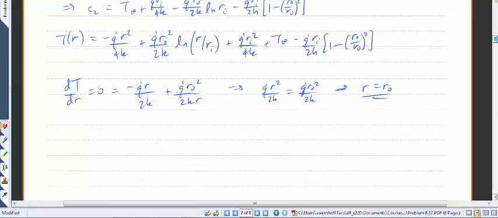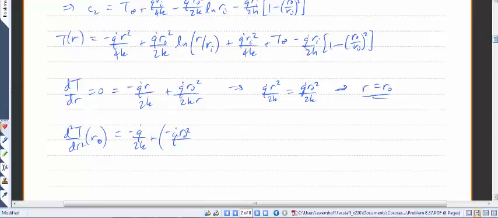We need to determine, however, does this point represent a maximum or a minimum? So let's take the second derivative, d squared T/dr squared at Ro. When we take this second derivative, we get minus q dot over 2k plus minus q dot Ro squared over 2k r squared evaluated at r equals Ro.